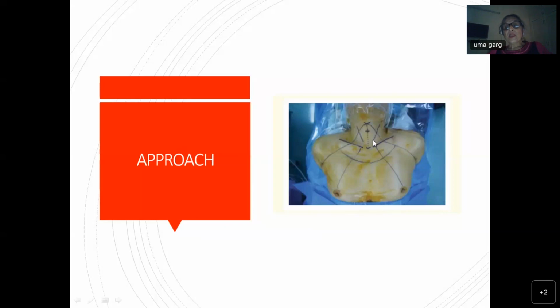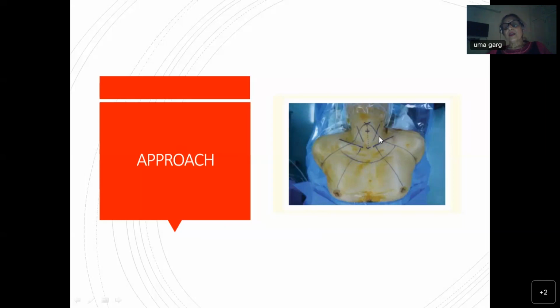These points show you the various landmarks on the neck and the chest, which are to be first marked before doing surgery. When we develop ports, we develop tunnels from here, from here, from here, and we can see the thyroid bed and work over it. Again, I'm telling you the steps are the same.